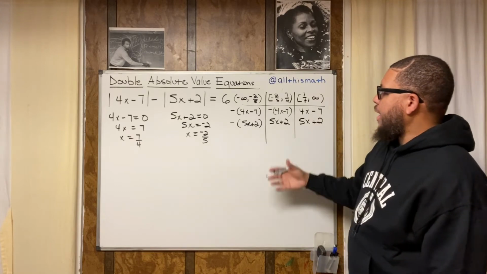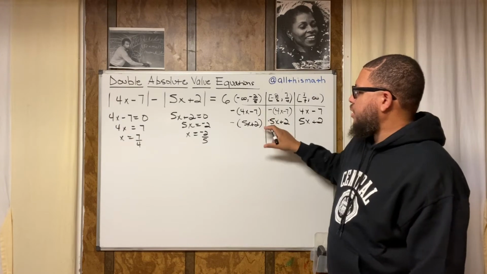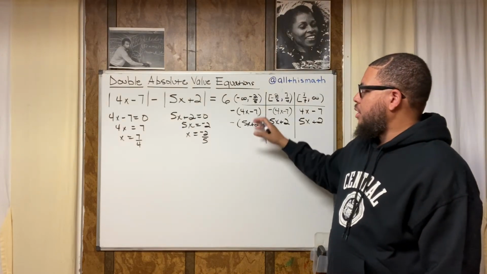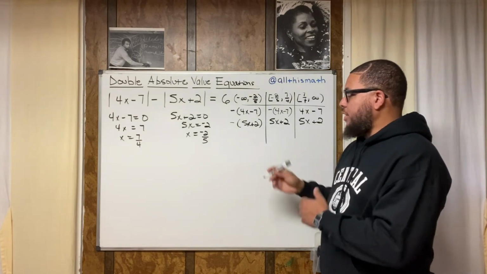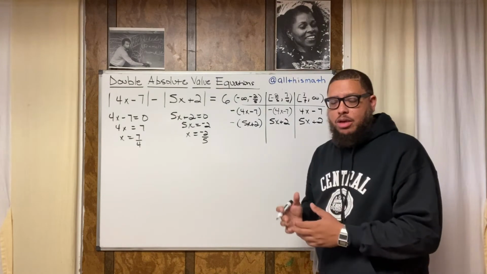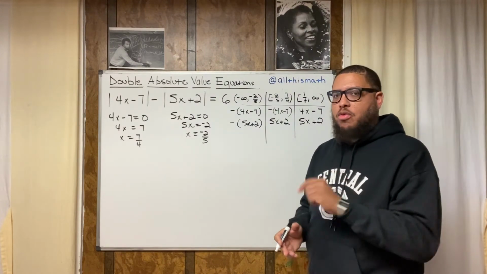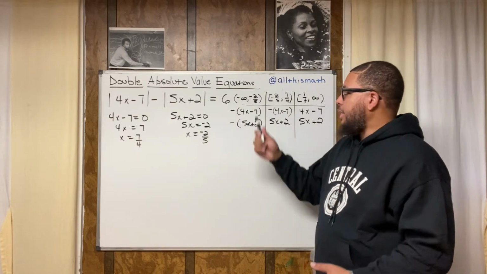All right. Now, what's going to happen next is I'm going to take these expressions and create my equations, right? I'm going to have 3 separate equations, and then I'm going to solve those equations for x. And then depending on what solutions I get, I go back and I say, okay, is the solution I just got in this interval?